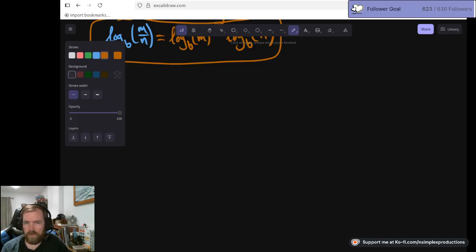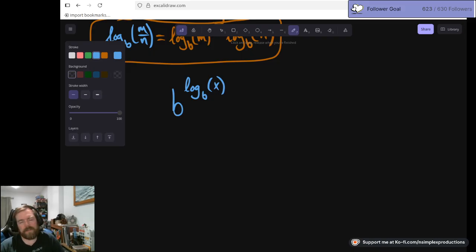Then the only other one that we've mostly got is like b raised to the log base b of x. There's kind of two ways to go about it. One is to say that here we have an exponential term, which now has log base b of x in it. And these are, again, inverse functions of each other.